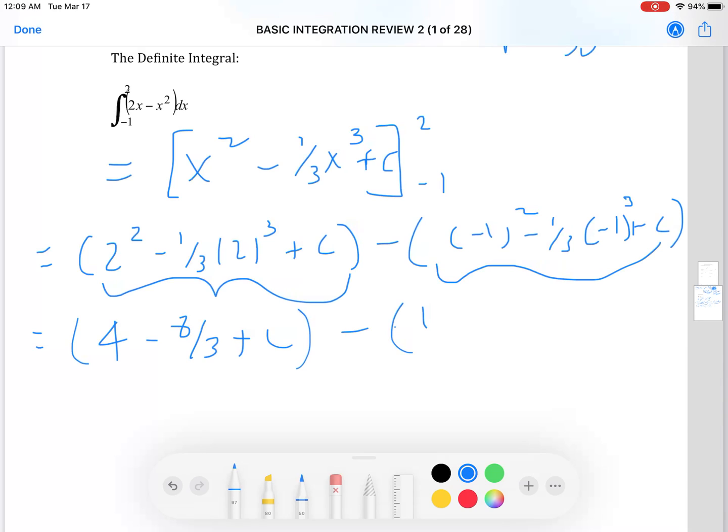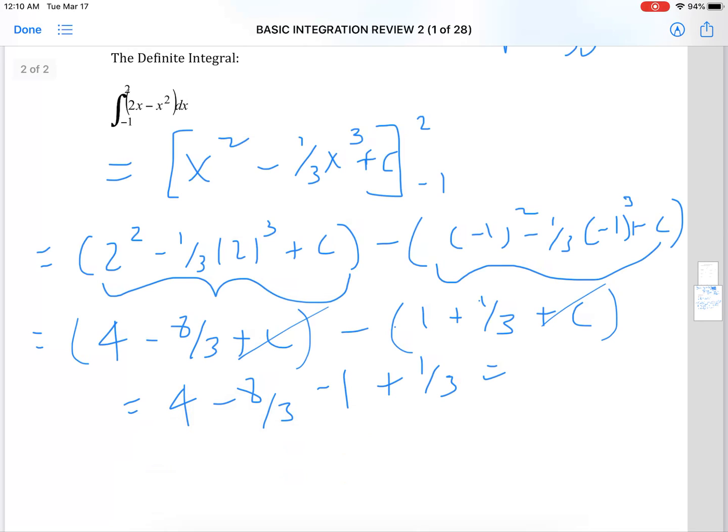And then I have a negative times a negative. Negative 1 cubed is negative. So that's going to be a positive 1/3 plus c. Now the c's go away. So we're left with 4 minus 8/3 minus 1 plus 1/3.